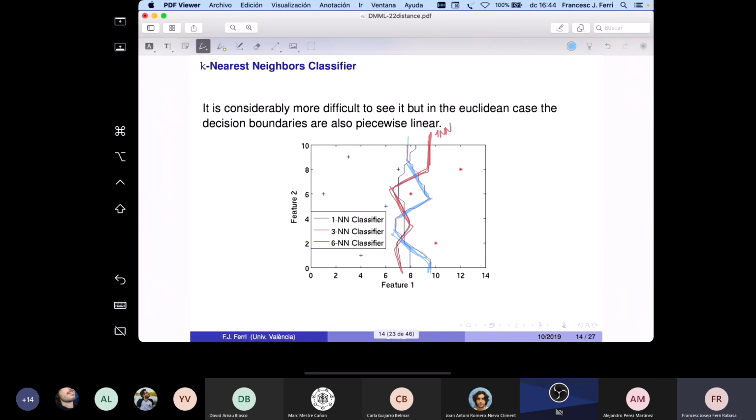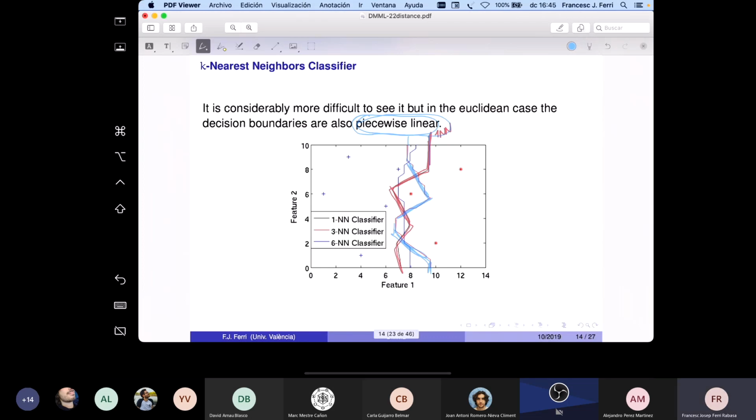Well, the important thing is that now it is very difficult to plot by hand, but it has to be easy to see that the boundary now is also piecewise linear.